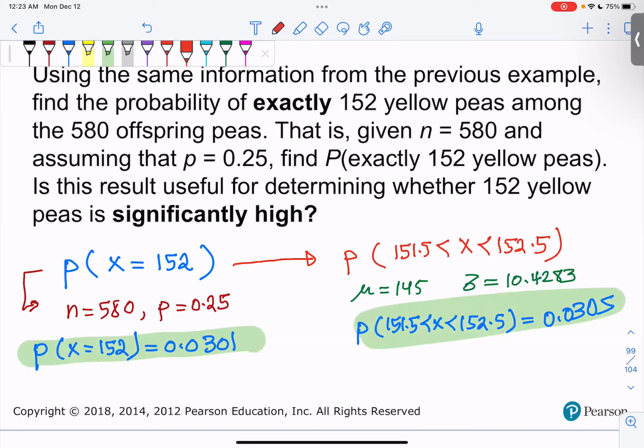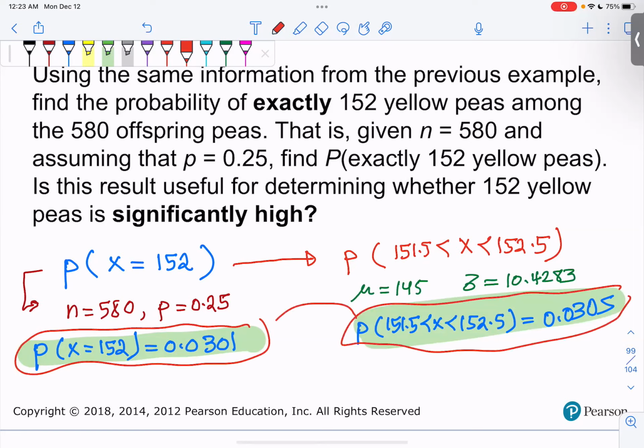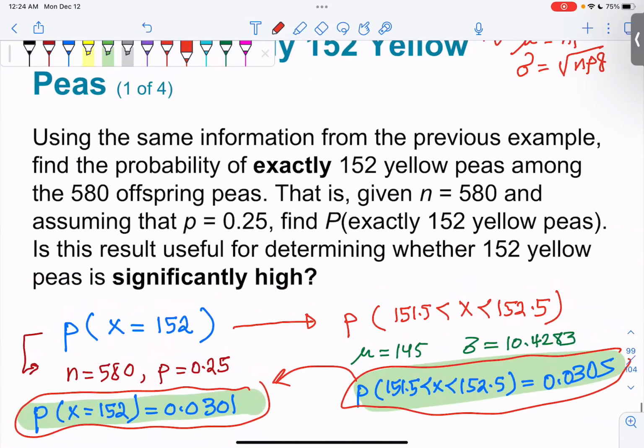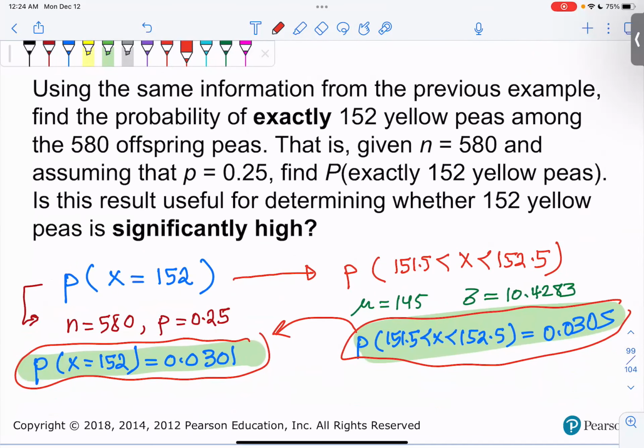So now look to compare those two results. So now this is the accurate result. This is the approximation to this, which is really close, 0.0301 or 0.0305, which is up to the first three digits exactly the same. And then the next question, they said, find if this is a significantly high number of successes.